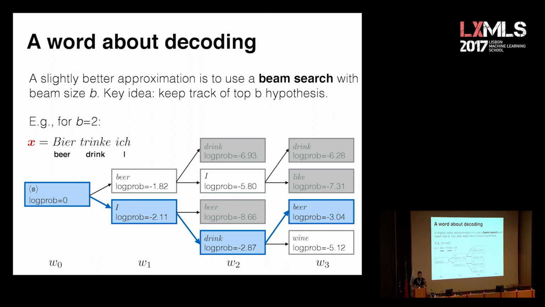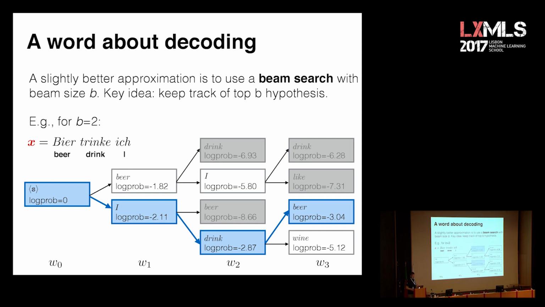But this is where the beam search comes in. We've got 4 things on the stack here, and we're going to keep just the top 2 according to their log probability. Here we have minus 5.8, and down here we have minus 2.87. Now these happen to be on different branches of this tree, but they could have all been on the same branch. And now we continue extending these, and so on.